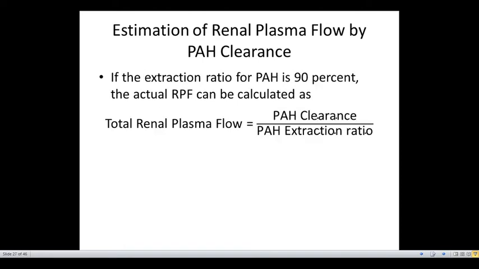If the extraction ratio for PAH is 90%, the actual renal plasma flow then can be calculated as equal to PAH clearance divided by PAH extraction ratio. That is, dividing 585 milliliters per minute by 0.9 gives a value of 650 milliliters per minute.